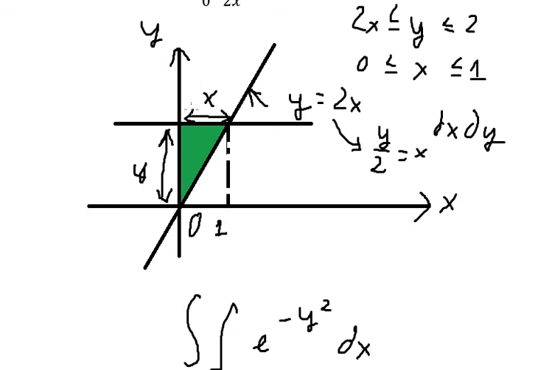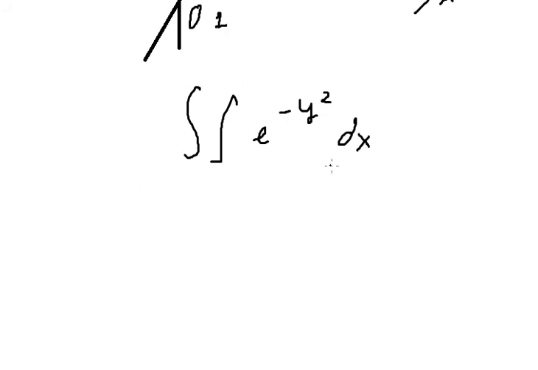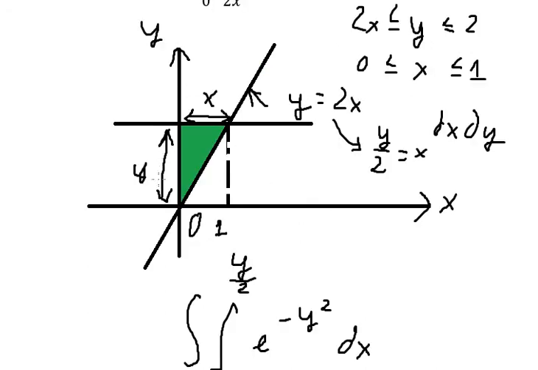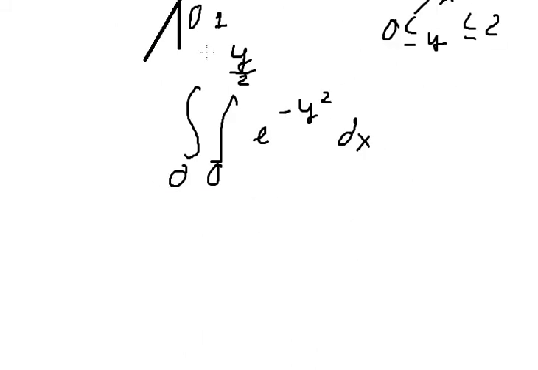So we can see that s starts from 0 and is smaller than y over 2. So the bound of ds is from 0 to y over 2. And now about y, we see that this is from 0 to 2, and this is the bound of y. So we put 0 and 2 in here, and this is dy.